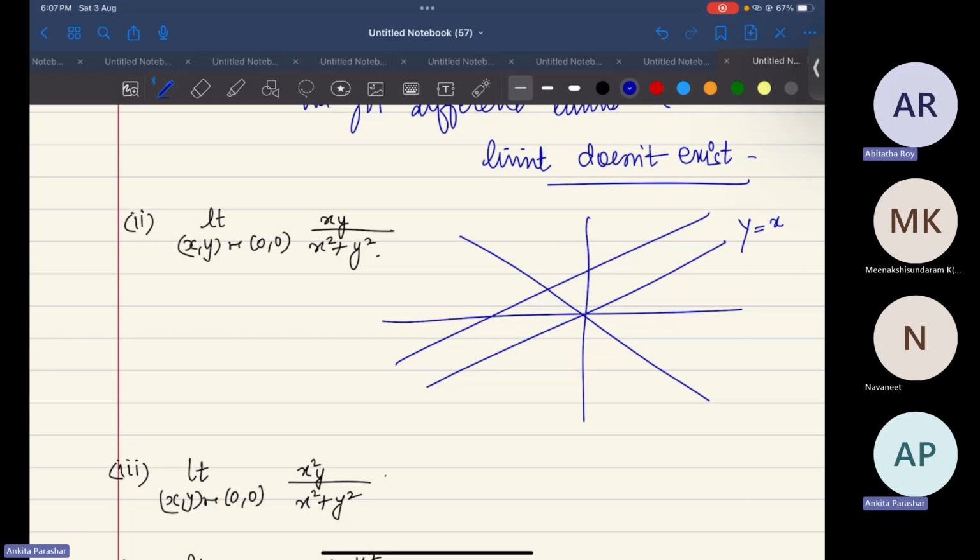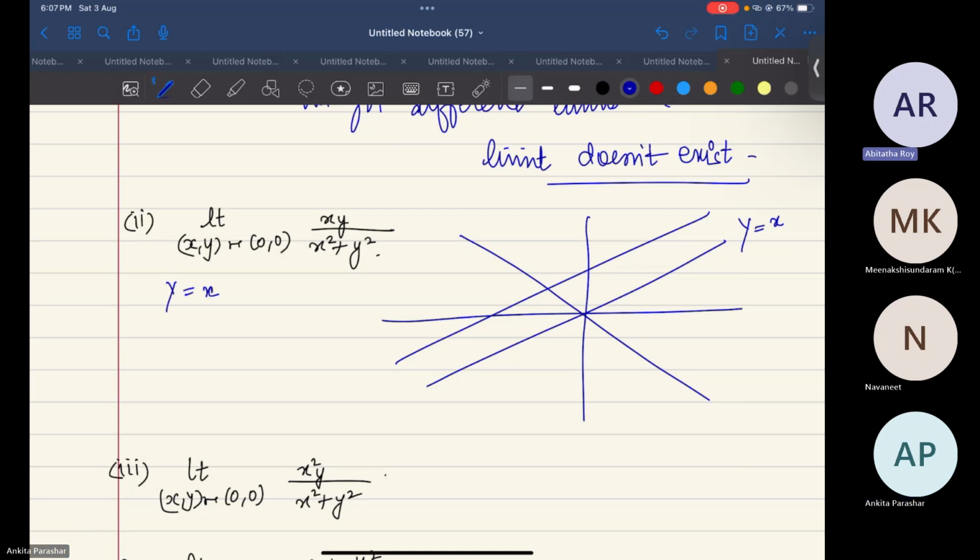Like y equal to x will give us 1. Choose the path y equal to x, or y equal to minus x.